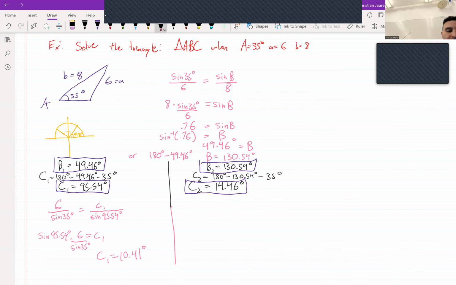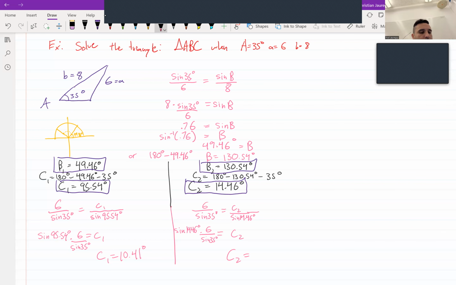Okay, and I rinse and repeat for the next one. You can probably press pause and do this on your own, but I'll burn through this. Little c2: 6 divided by sine 35 degrees equals c2 over sine of 14.46 degrees. Move it over. C2 equals sine of 14.46 degrees times 6 over sine of 35 degrees.